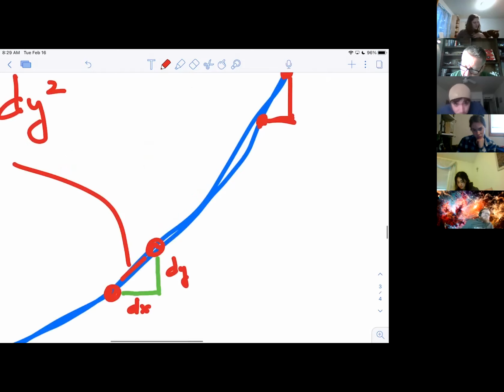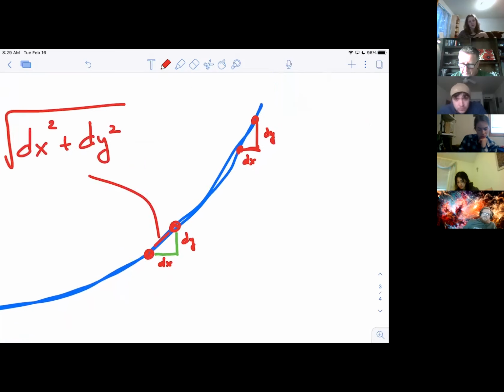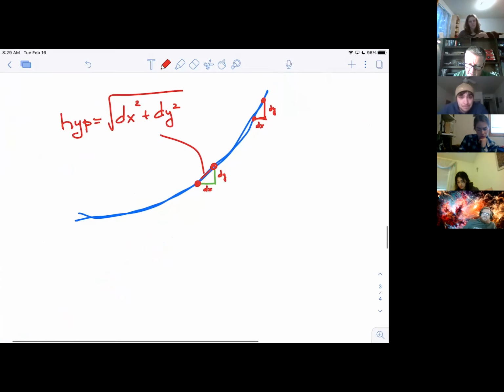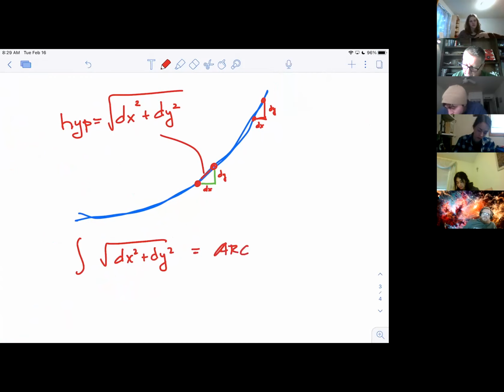Whereas up here, dx is much shorter than dy. So the key is, well, add them all up. That's it.